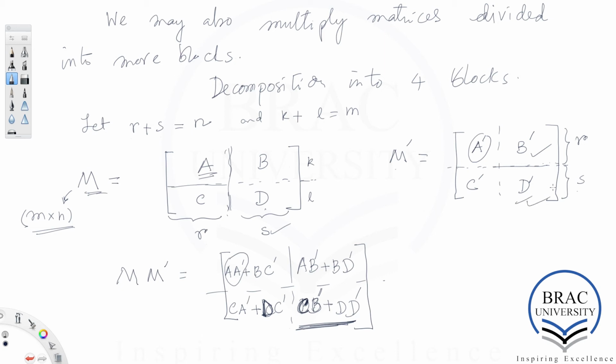Okay, so they make sense. So this is how you do the matrix multiplication for 4 blocks of matrices.